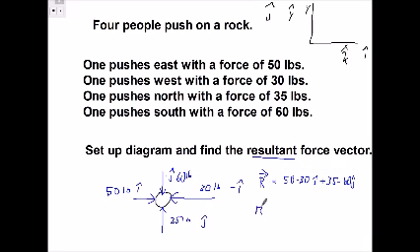Adding these up, the total resultant is 20 i-hat. And then 35 minus 60 is negative 25 in the j-hat direction.